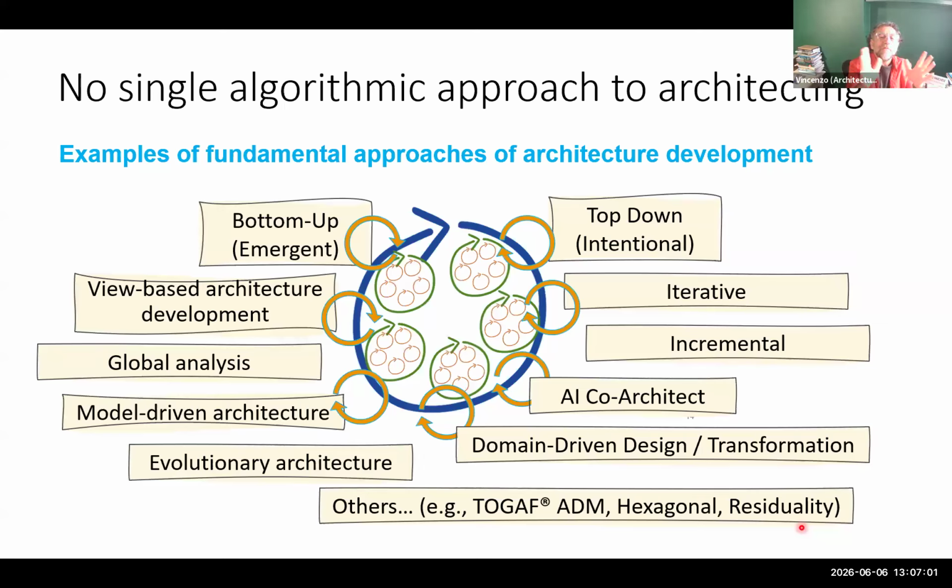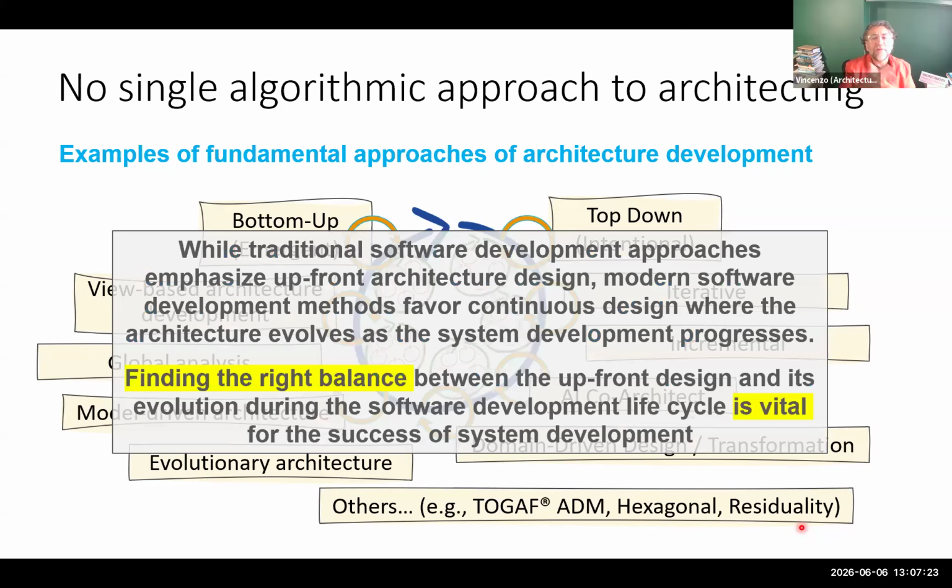So there are many, many ways, but the key learning point for today, at least, is that when people say this is the way we do architecture, it's actually short-sighted, I think, because at different stages in the project, depending on the nature of the problem that you're trying to solve, you are likely to have to dip in and use several of these different approaches to architecting. And in fact, one of the key learning points is you need to find the balance.